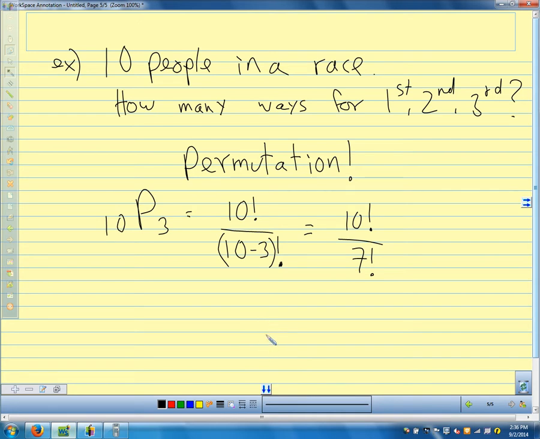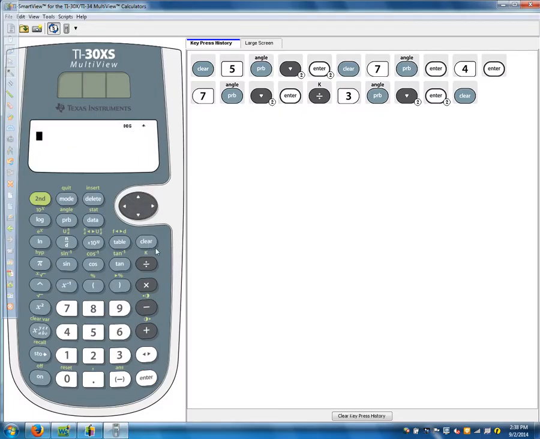All right, let's calculate this. Go to our calculator, and I'll do it 2 different ways. So we're going to do 10, go to the probability menu, nPr, 3 for our first, second, and third place finisher. Hit enter, and I get 720.